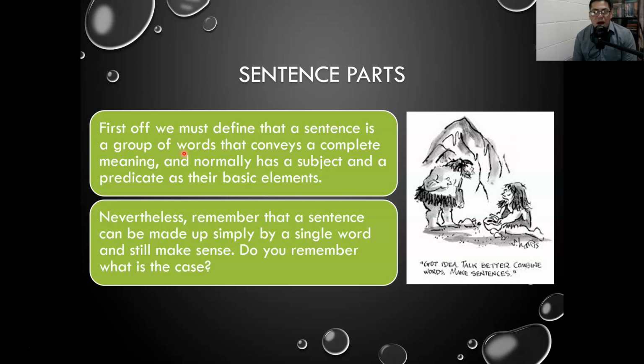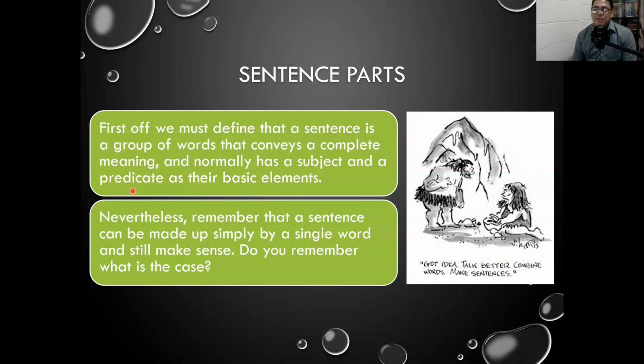So it's not about how long the expressions are, the utterances are, it's about conveying a complete meaning. And in order to convey a complete meaning, normally we talk about a sentence having a subject and a predicate. And those are the most basic elements of the sentence, the subject and the predicate.